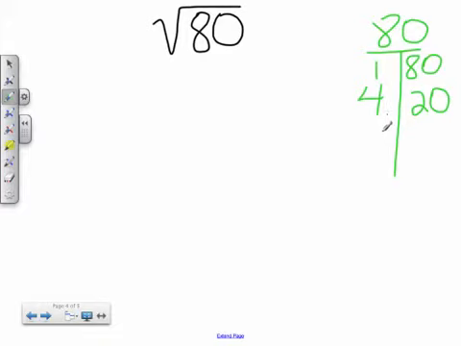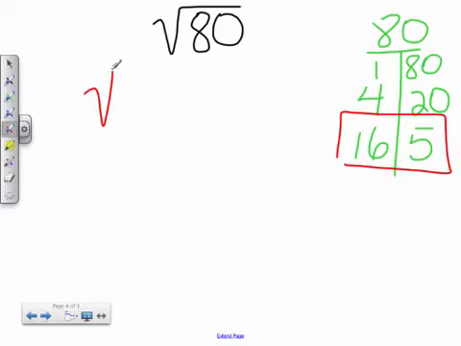So next is 3 squared, which is 9. 80 is not divisible by 9, so I won't include that in my chart. The next perfect square is 16 because it's 4 squared. 80 is divisible by 16, and then the other factor would be 5, which is prime, which means it's not divisible by any other perfect squares except for 1. So this is going to be my largest perfect square that I'm going to use.